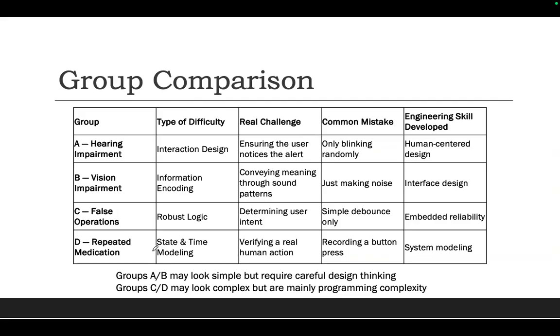We will have 4 groups, and different groups will focus on different tasks. Group A will focus on hearing impairment. Group B will be vision impairment. Group C will be force operation. Group D will be repeated medication.